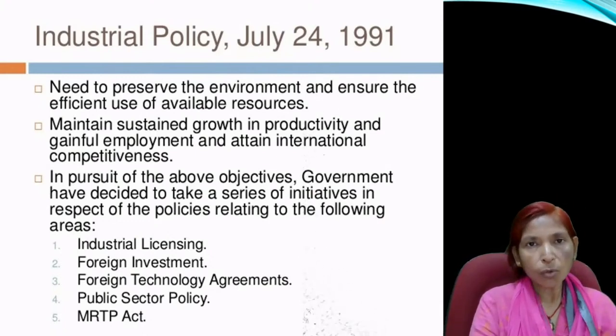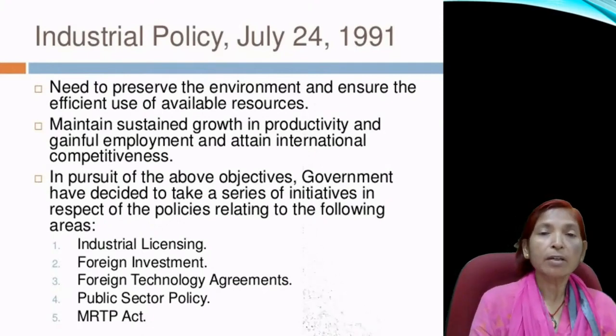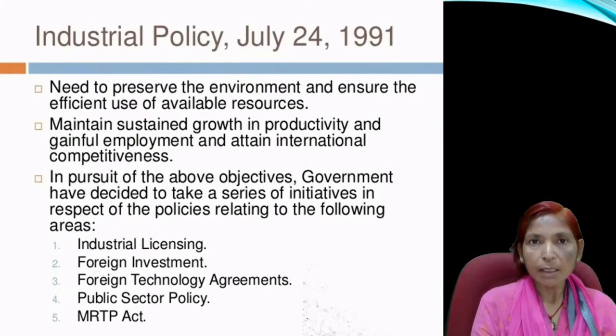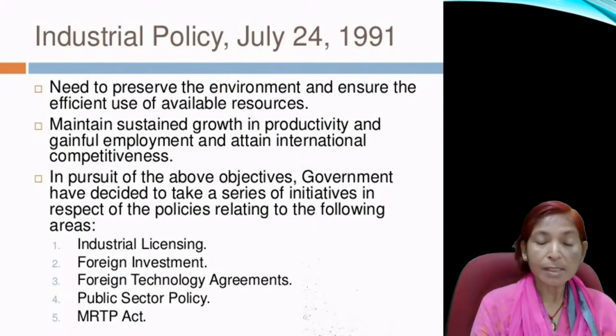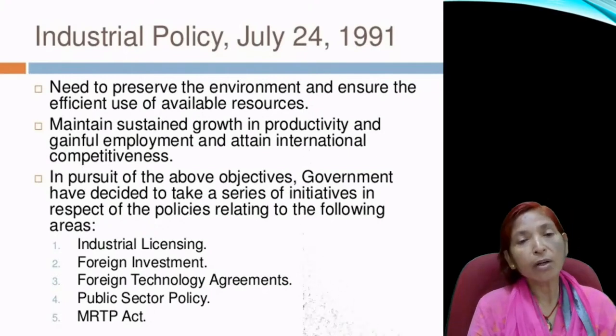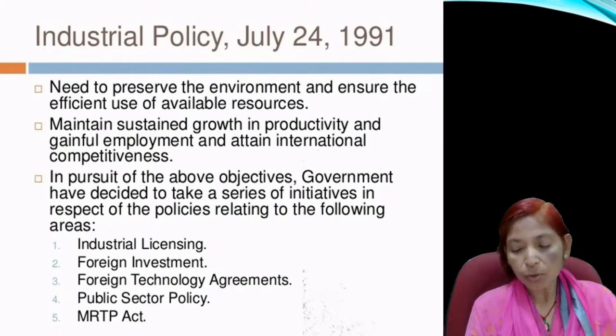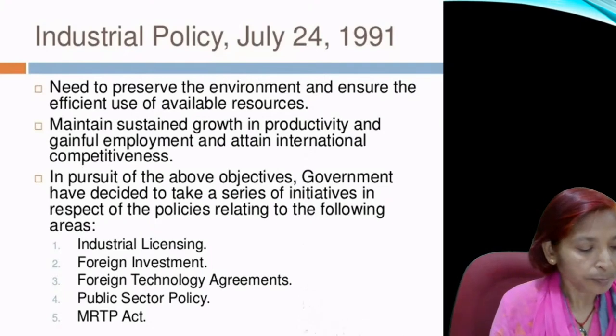There is no such limit like 100 crore or 200 crore. The limit of 100 crore was fixed in the MRTP Act in the previous industrial policy, but at present this act has been abolished. And instead of this act, the 2002 Competition Act is going on.